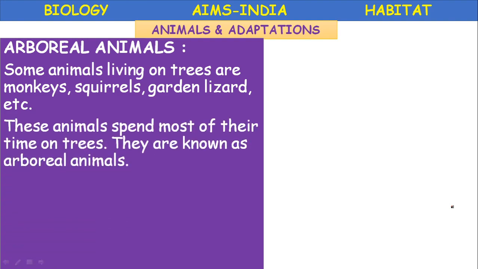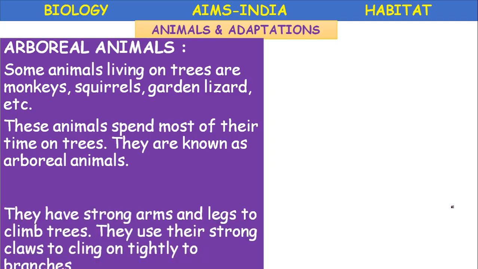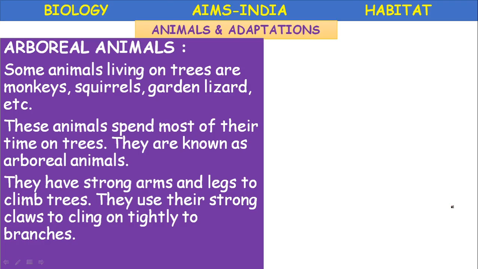Different animals are there which live on trees. These animals spend most of their time on trees, and they are known as arboreal animals. They have strong arms and legs to climb trees. They use their strong claws to cling on tightly to branches.